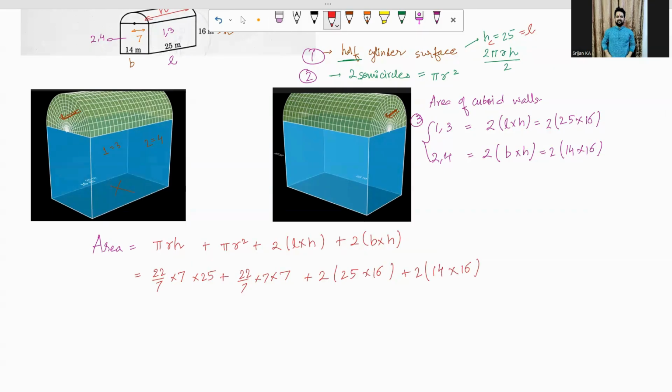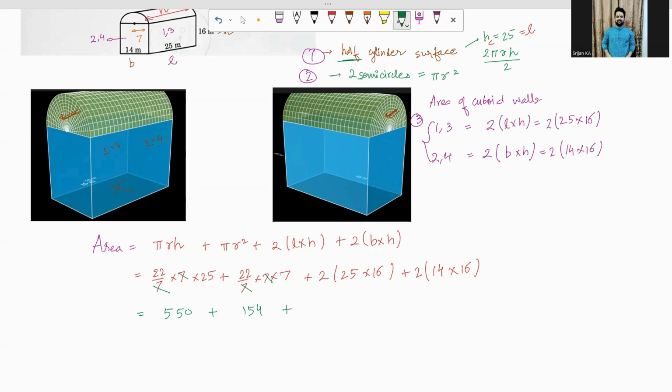We just need to be careful with the calculation to get the correct answer. So 7, 7, 7, 25 into 22, which is 25 into 20, which is 500, plus 25 into 2, 50. So this becomes 550, plus 22 into 7, 14 and 14, 154, right?